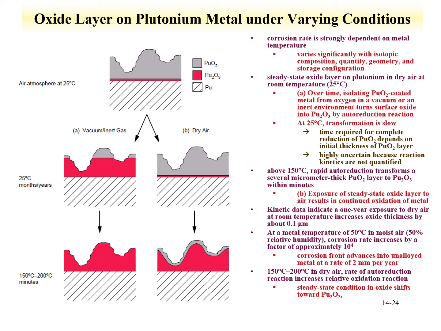Here's an overview of plutonium metal oxidation under various conditions. Here's what we described earlier, where we just have an air atmosphere at 25 degrees, where we have the plutonium dioxide, the trivalent oxide, then the plutonium metal. If the atmosphere is varied, and we have either inert gas or dry air, what we see at 25 degrees over a long period of time is an increase of the growth of this Pu2O3 layer.